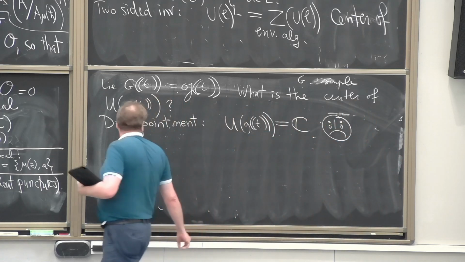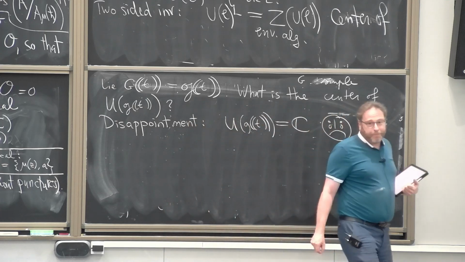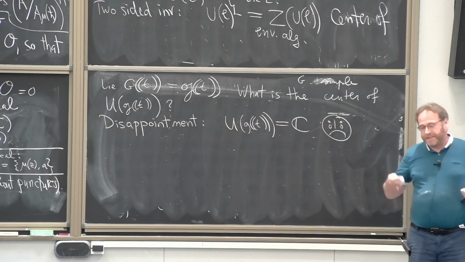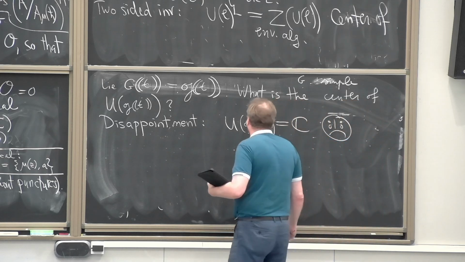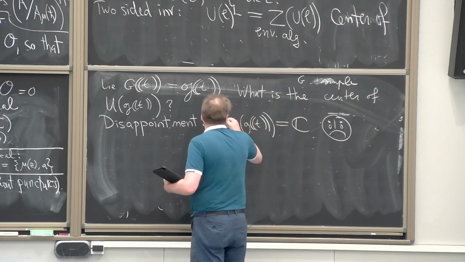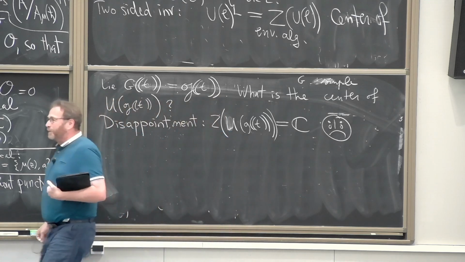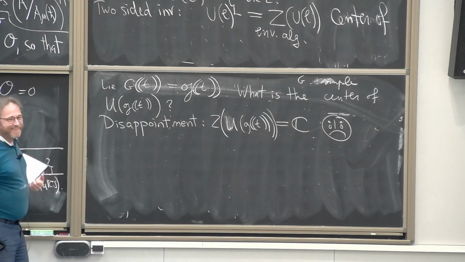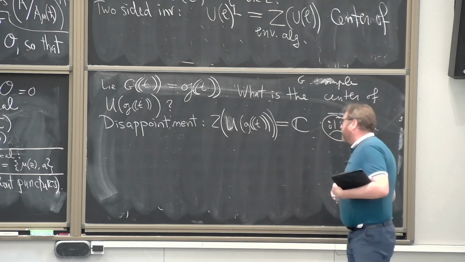It's a disappointment. This is in contrast with the enveloping algebra of G itself, which has a big center. It's not that bad. So the center is trivial.